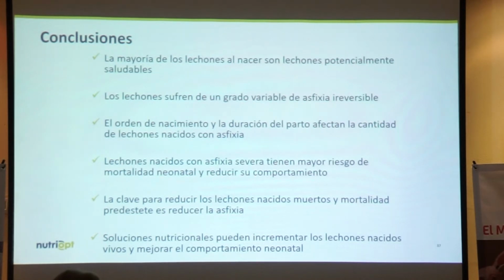Piglets that are born alive and suffer from asphyxia have a higher risk of pre-weaning mortality and reduced performance. And the key to reduce stillborn piglets and pre-weaning mortality is, in our vision, to reduce asphyxia.